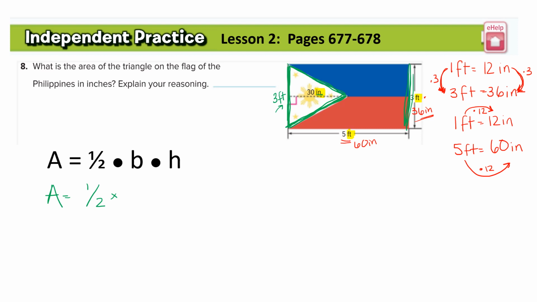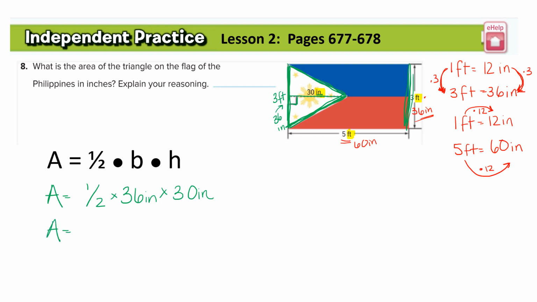Now I'm going to stick with inches, so if this side is 3 feet, it's 36 inches. So I'm going to write that down, 36 inches times the height, and the height is indicated with this dotted line that is perpendicular to the base. So we have 30 inches.